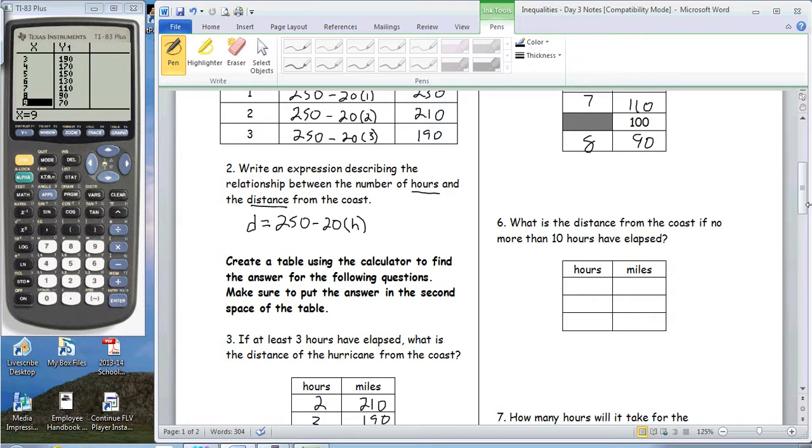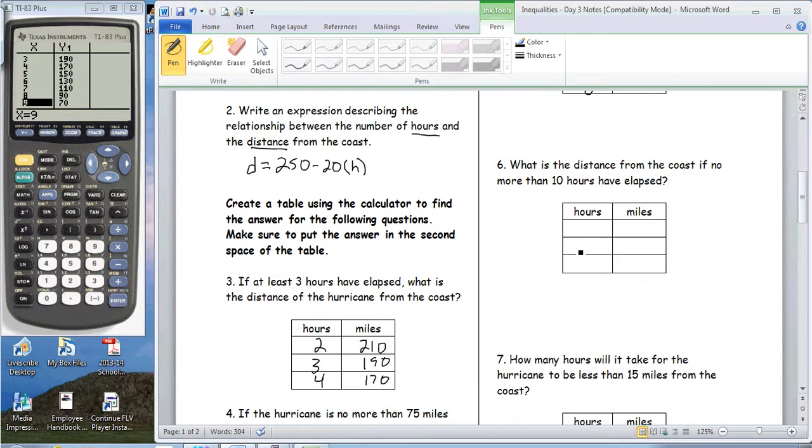What is the distance from the coast if no more than 10 hours have elapsed? So here we have 10, 11, 12, or excuse me, I did that wrong. I did it backwards. That 11 is right.